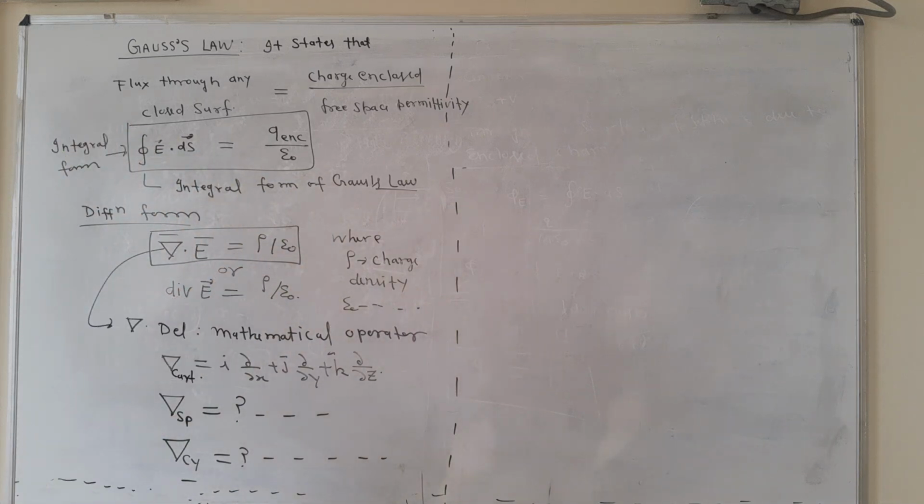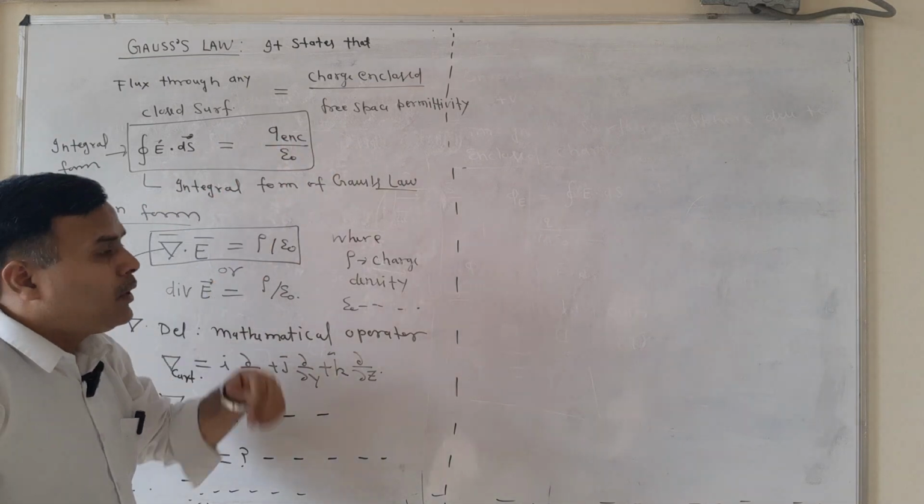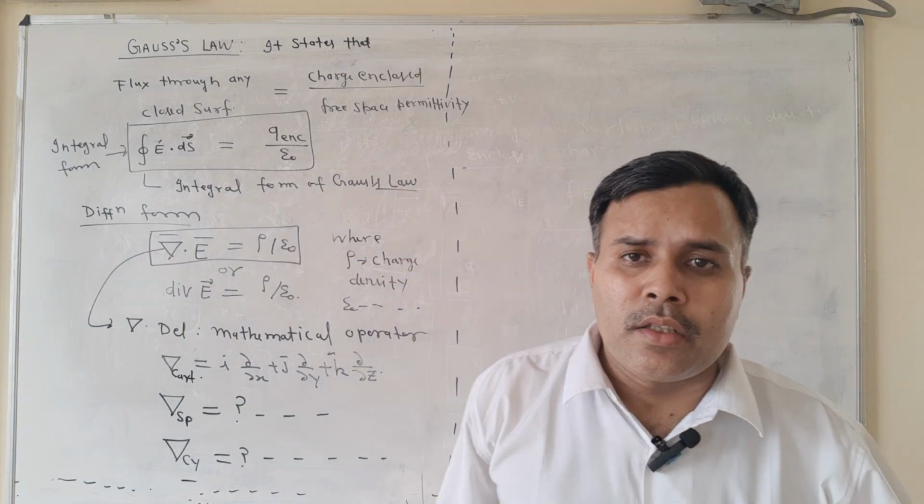And this rho is the charge density, and this one is the charge enclosed divided by epsilon 0. We have a separate concept of charge enclosed. What is charge enclosed?